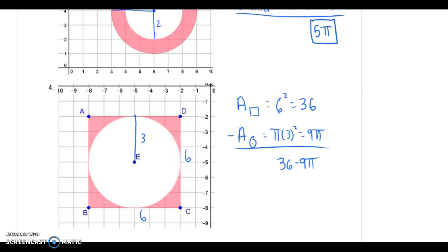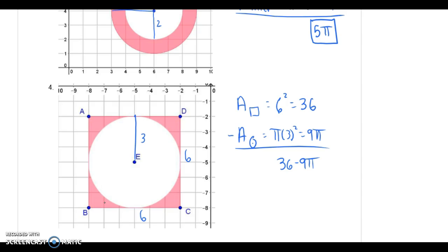Now, that's all we're going to do. We can't put those together because those are not like terms. One's a whole number, and the other one's in terms of pi. But if you want to double check, you can always use your calculator to verify that you have the correct order.